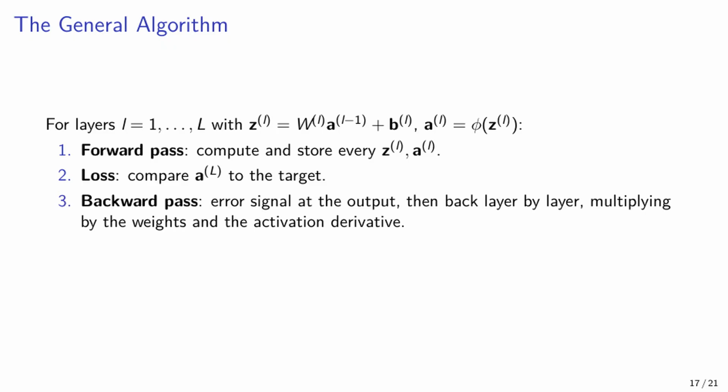Step 3, the backward pass, computes the error signal at the output and then carries it back layer by layer, multiplying by the weights to move between layers and by the activation derivative at each neuron. Step 4, the update nudges every weight down its gradient. That is the algorithm, whatever the depth.